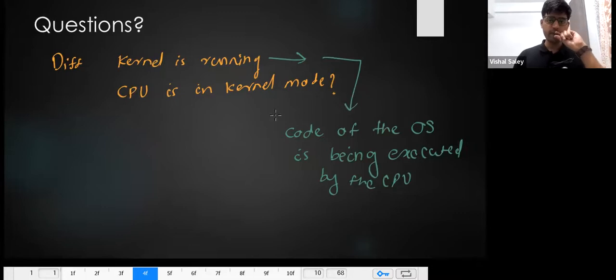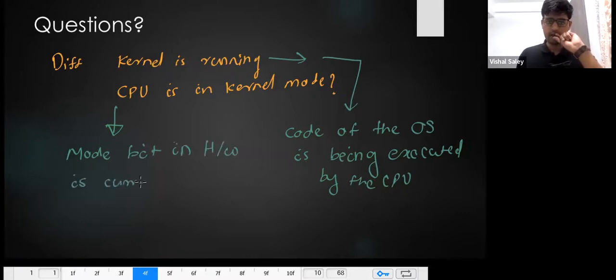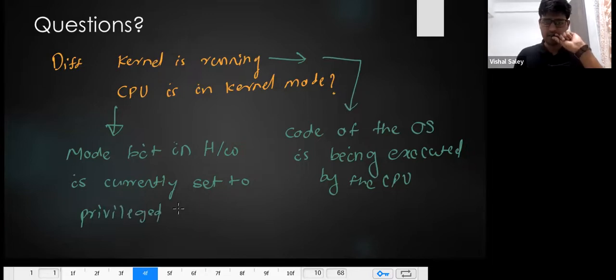And the second thing is the CPU is in kernel mode. What this basically means is that the mode bit in hardware is currently set to privileged mode.